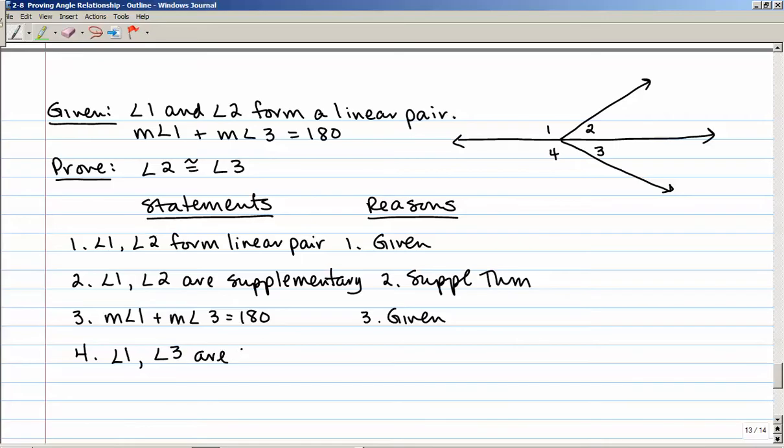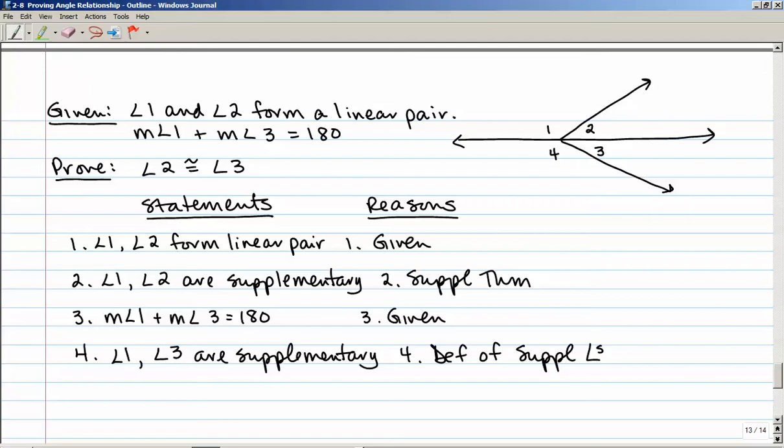So angle 1 and angle 3 are supplementary. And that's by the definition of supplementary angles. The definition of supplementary angles says that if two angles add up to 180, then they are supplementary.